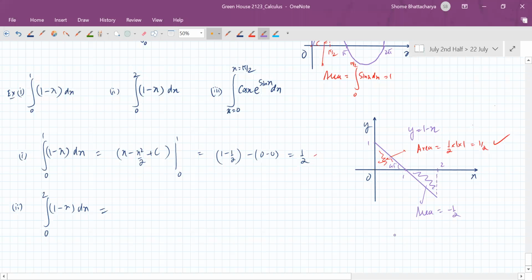So the total area from 0 to 2 is half minus half. That's why the answer is coming out to be 0 when you do it by the definite integration also. The upper limit is 2 minus 4 by 2, lower limit is 0. So it's 0. So that's why you're getting this.